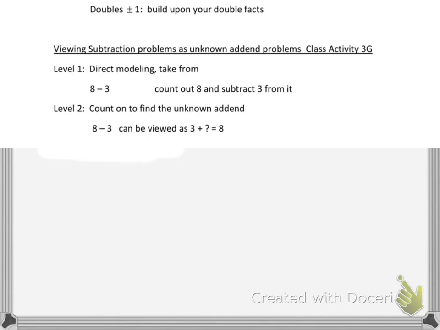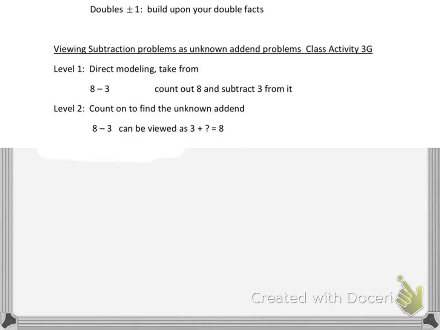Level 2, you'd say, I have 8 minus 3, but I can view that as an unknown add-in problem, which switches this subtraction to an addition. This is clearly a little bit more sophisticated. So you can add on from 3, count up to 8, and you know that you've added 5. So those are level 1 and 2.